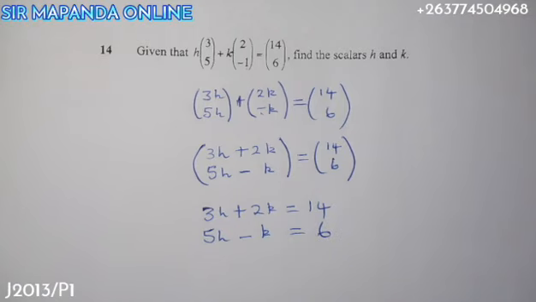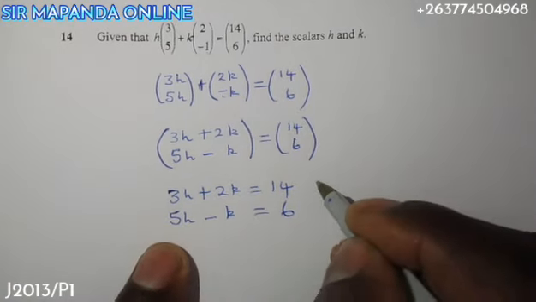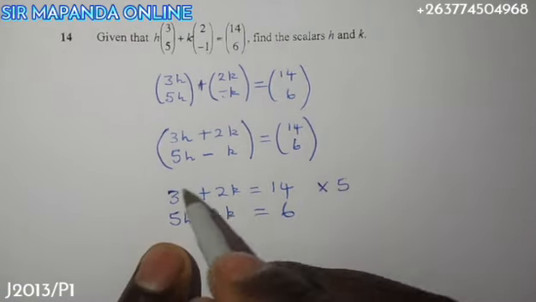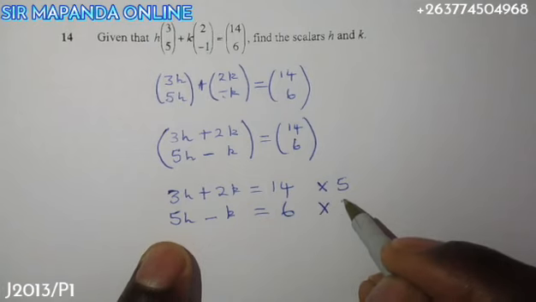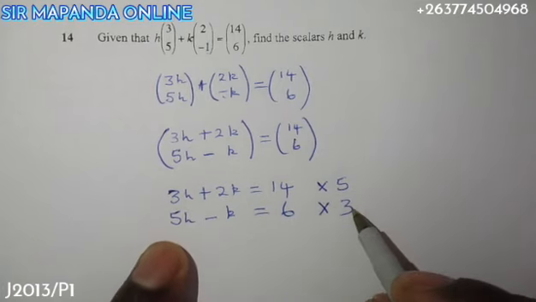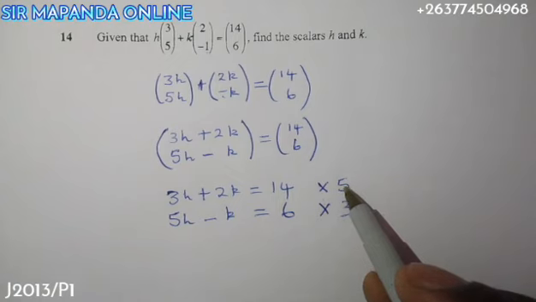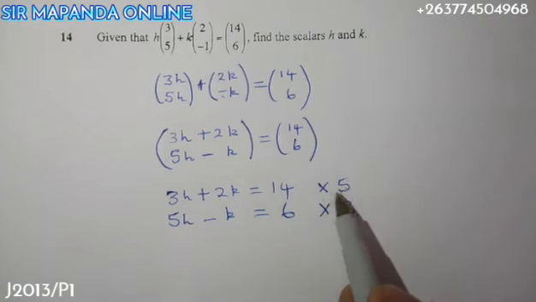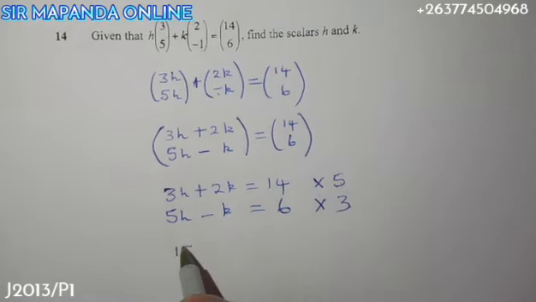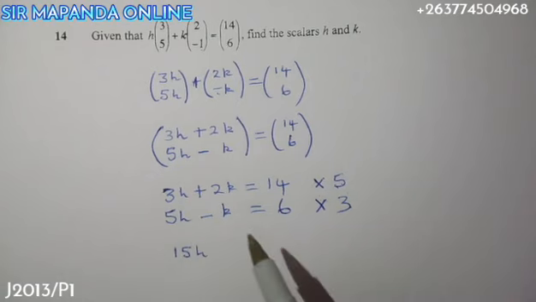We want to use the elimination method to make the coefficient of h the same. So the equation above is going to be multiplied by 5, and the equation below is going to be multiplied by 3. I'm going to multiply by 5 both sides. 5 times 3h, you get 15h.